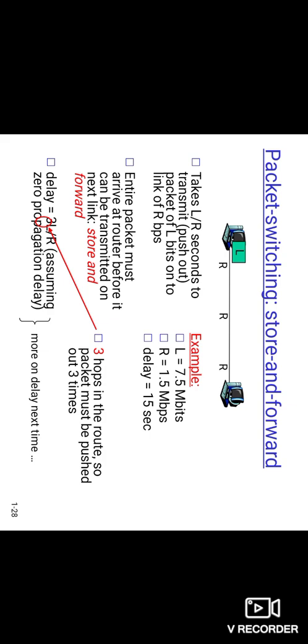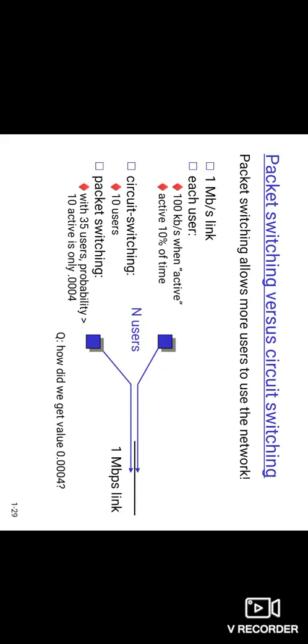Then which one is the best, packet switching or circuit switching? Packet switching allows more users to use the network. With circuit switching, 10 users can be supported, whereas for the same link packet switching allows 35 users.